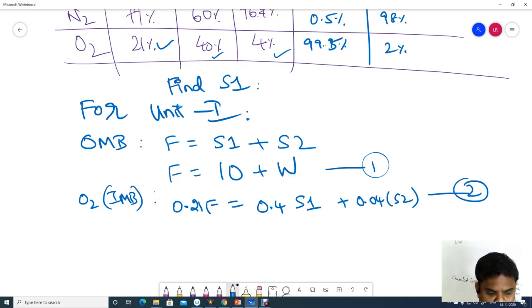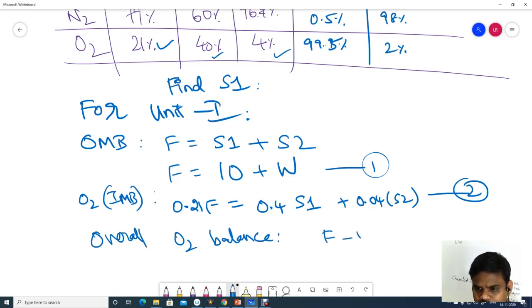Then the overall material balance. What is the overall material balance for oxygen? Overall, F is the input. Outputs are W and the 10 product, the oxygen product, right?